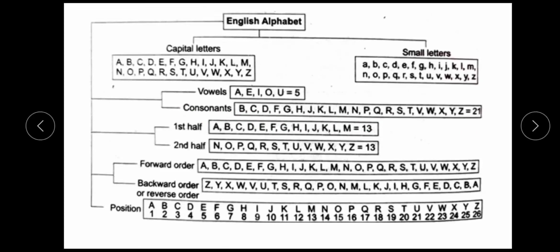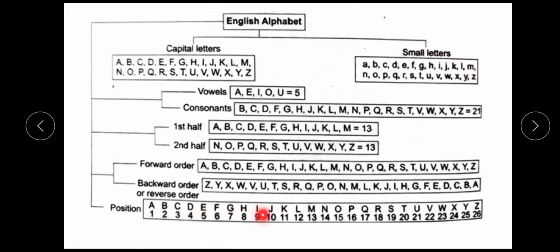In these 26 alphabets there are two halves, the first half and the second half. In the first half A to M are 13, and N to Z are also 13. Forward order means A to Z, and backward or reverse order is Z to A, and these are opposite. A is opposite of Z, B is opposite of Y, C is opposite of X, D is opposite of W.